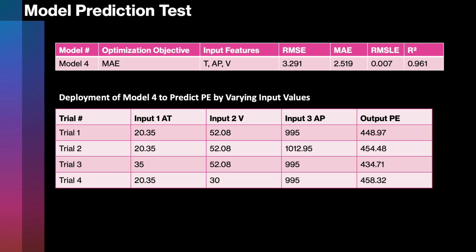In the model prediction test, in conclusion, our predictive modeling initiative has provided strong evidence of how environmental factors, especially temperature, influence the energy output of the power plant. And so, using Model 4 optimized for mean absolute error, we conducted targeted trials and consistently found that AT played the most critical role in driving the output.